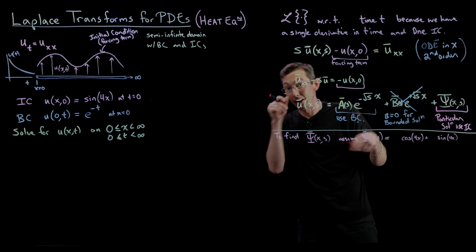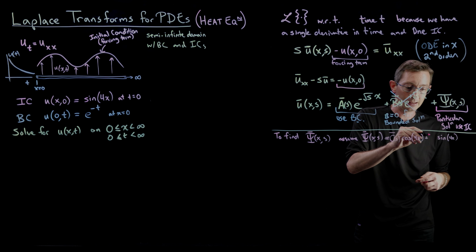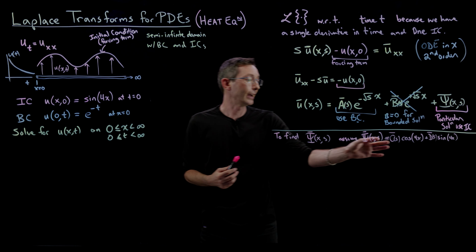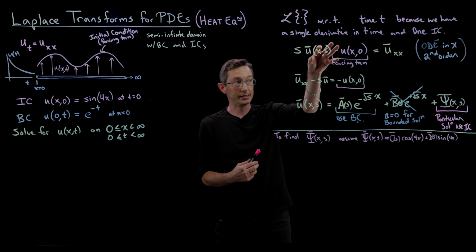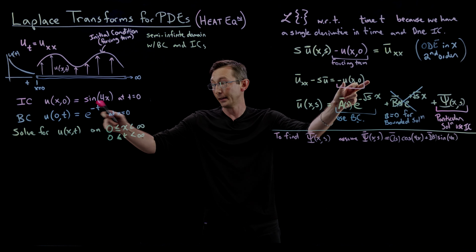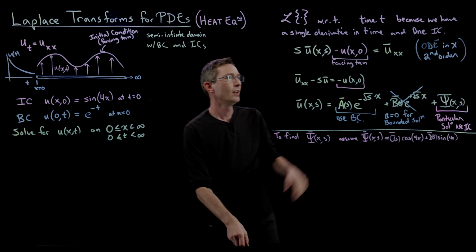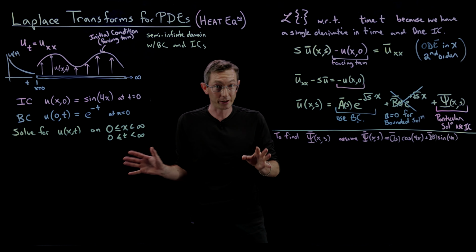And again, these are going to have undetermined coefficients, some Laplace c of s and some Laplace d of s. We're basically going to find the c of s and d of s such that if I plug this into this differential equation, it satisfies that u of x comma 0 equals sine of 4x, okay? Because this is my initial condition that we're plugging in here.